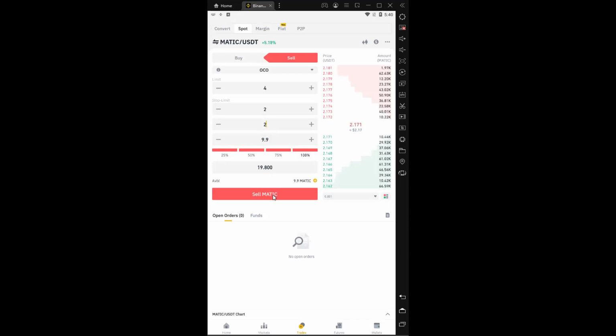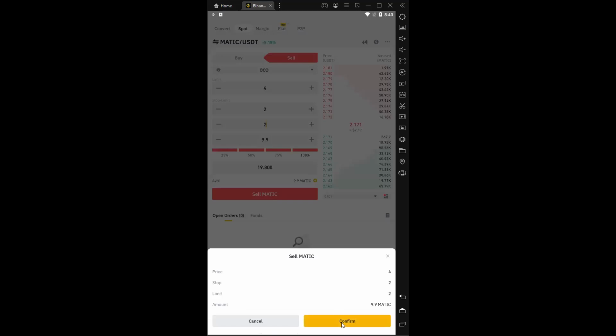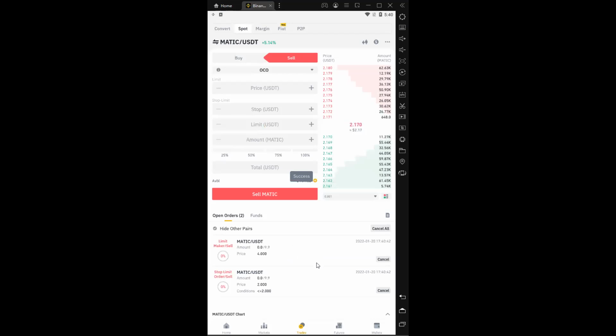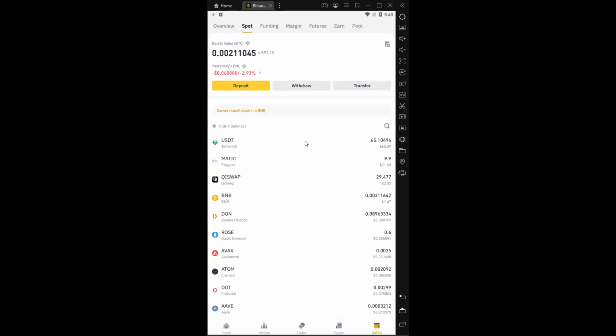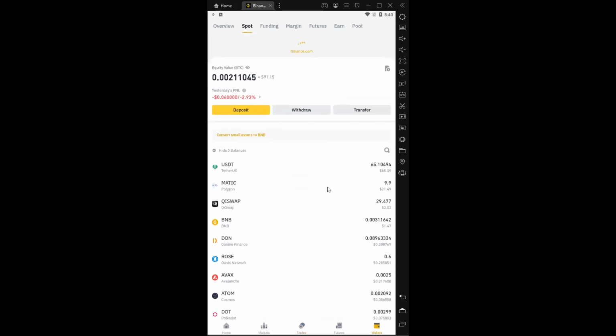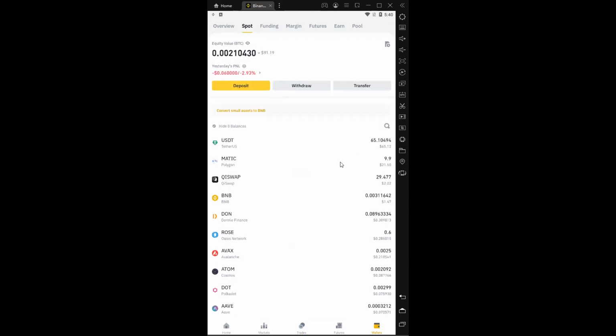So if you click the sell button, it will create the two conditional prices and it will be on my order book. The coin won't sell off. If you check your wallet, your coin will still be there. Your Matic is still there.